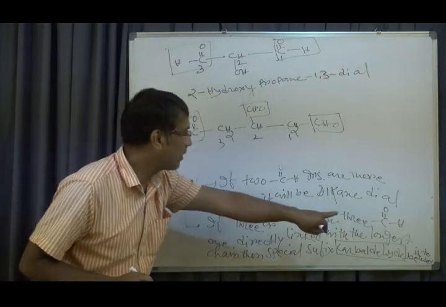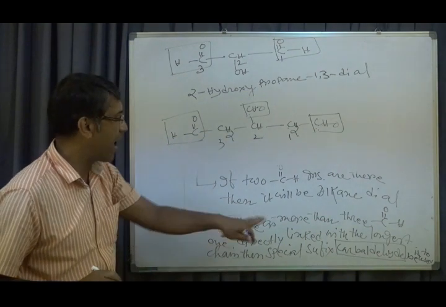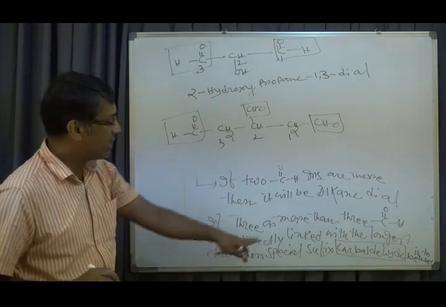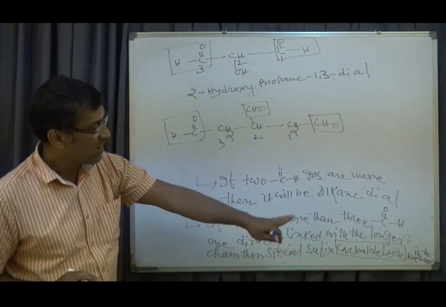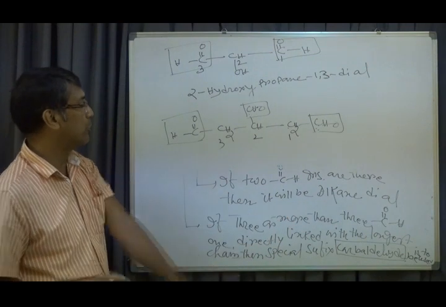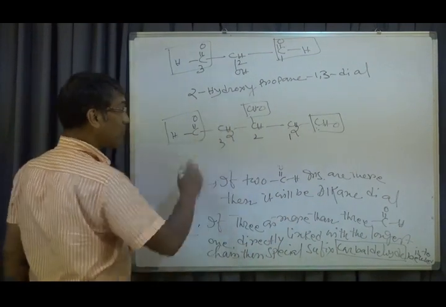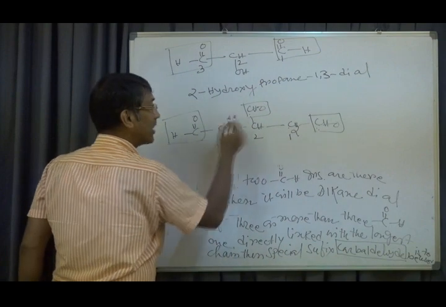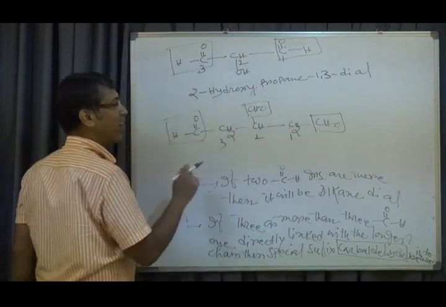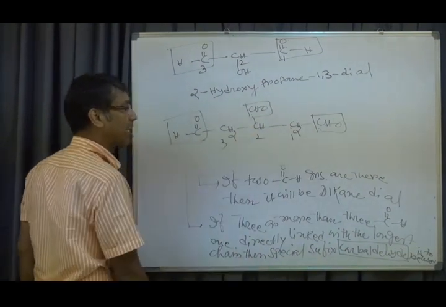If there are 3 or more than 3 aldehyde functional groups directly linked with the longest chain, then the special suffix carbaldehyde is to be used. So you see that there are 3 aldehyde functional groups directly linked with the longest chain.